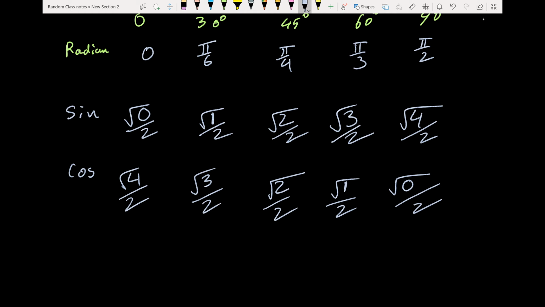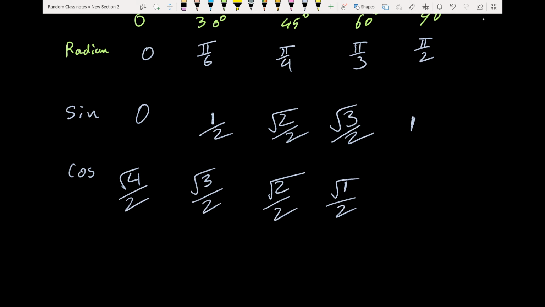Hannah? Good? Can you guys reduce it now? What does this become? Square root of 4 is what? 2. 2 over 2 is what? 1. What does this become, guys? 0. And this one is super easy. And then, same way. 0 and 1.